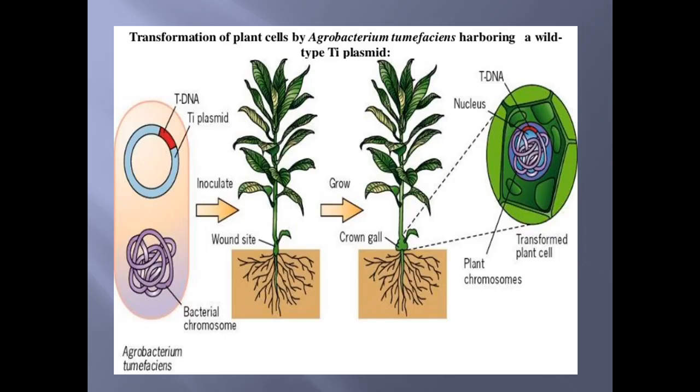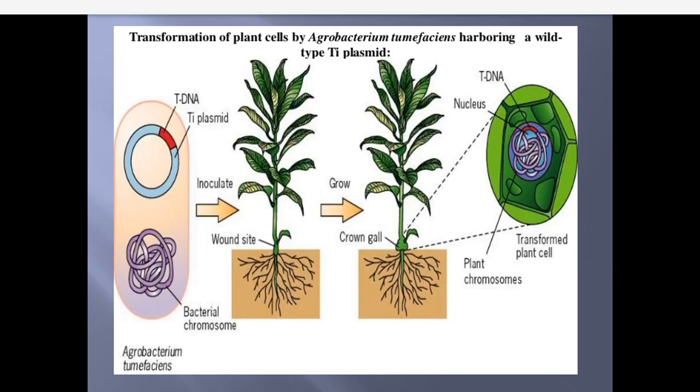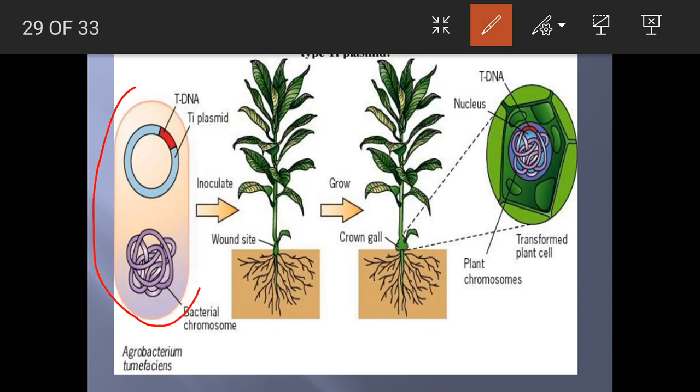So next you can find here, whatever this cell is, this is the agrobacterium. This is the main genome of the agrobacterium, and this is the Ti plasmid, the tumor inducing plasmid. The red colored portion is the tDNA. The gene of interest must be ligated or inserted in this tDNA, and this is the plant.